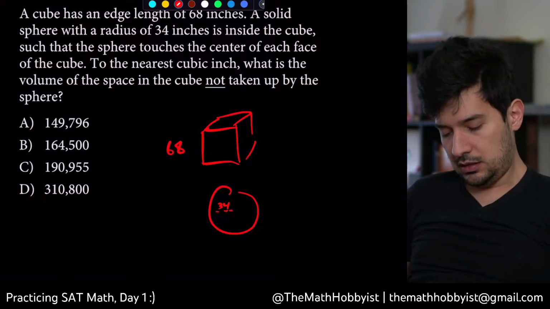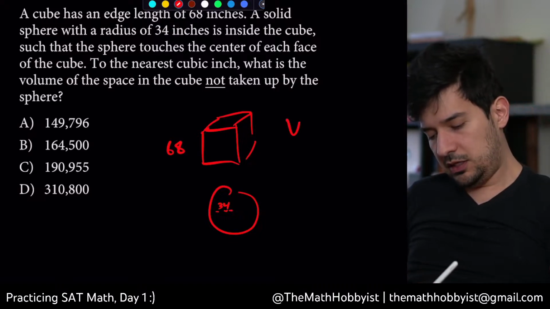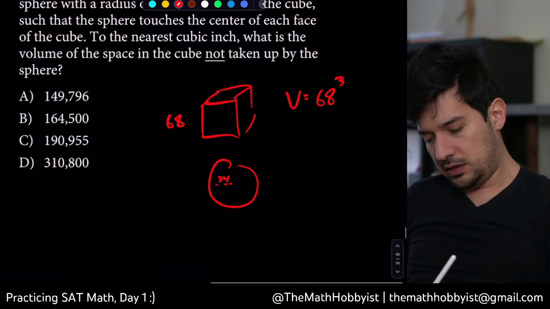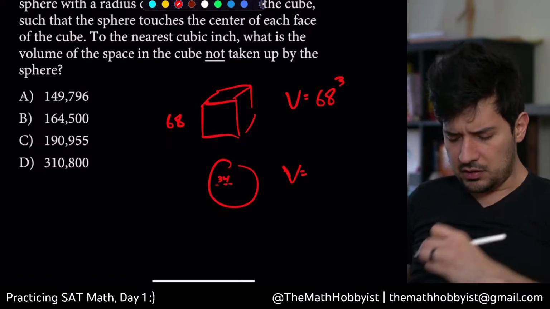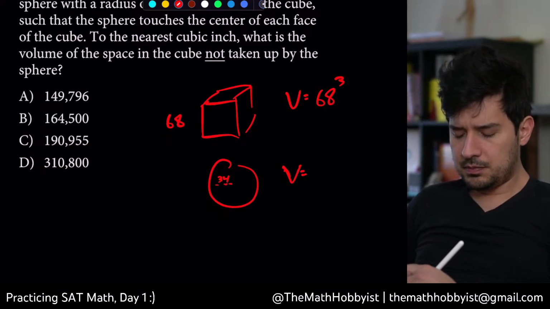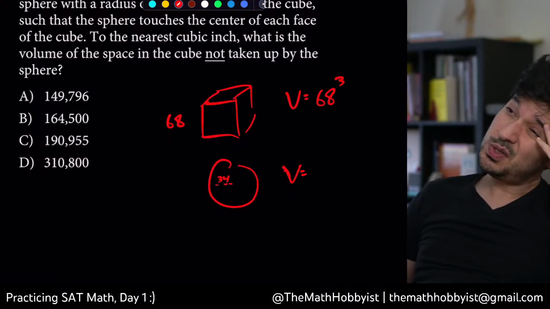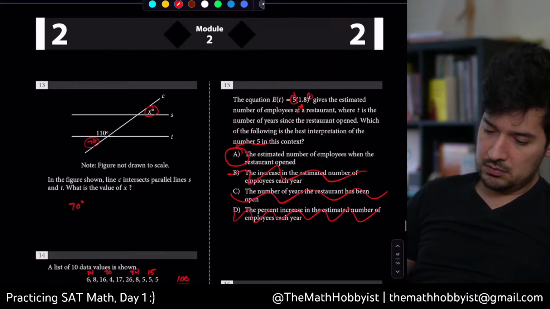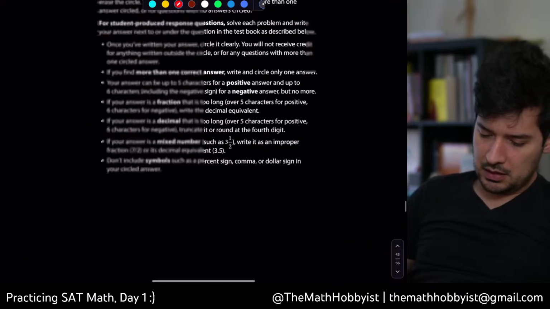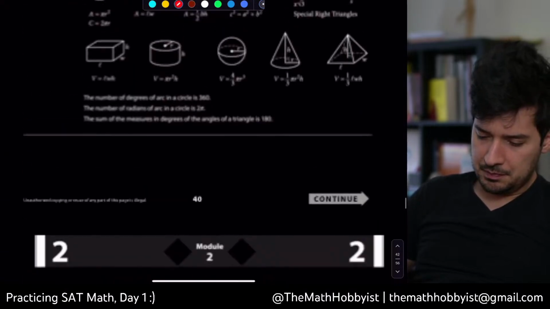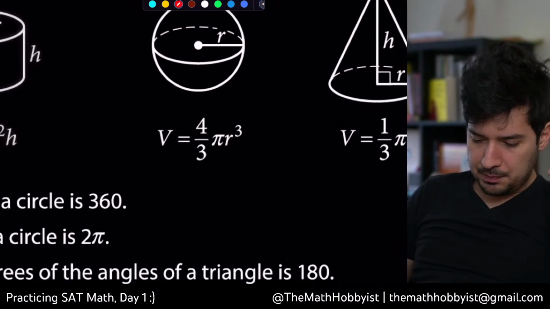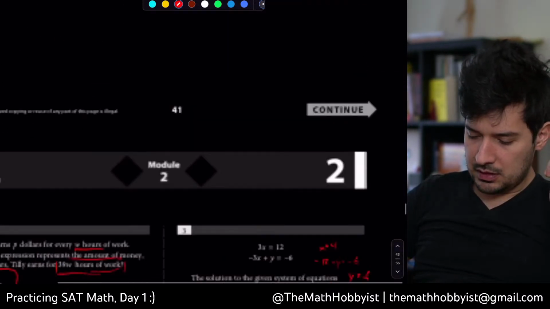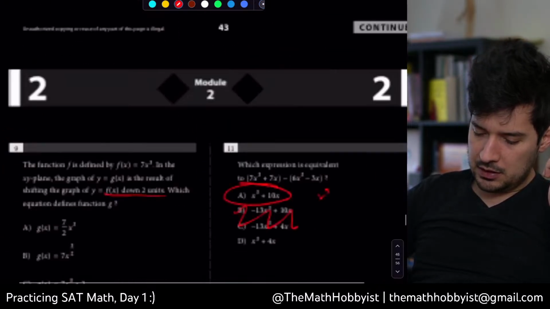Okay, neat. So the volume of a cube is going to be 68 cubed. The volume of the sphere that is fitting inside this cube is, what is it? 4/3 pi r or something. We do have this formula. Yeah, 4/3 pi r cubed. Yeah, that's what I thought. 4/3 pi r cubed.